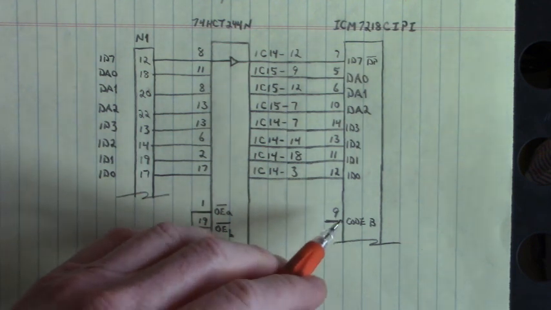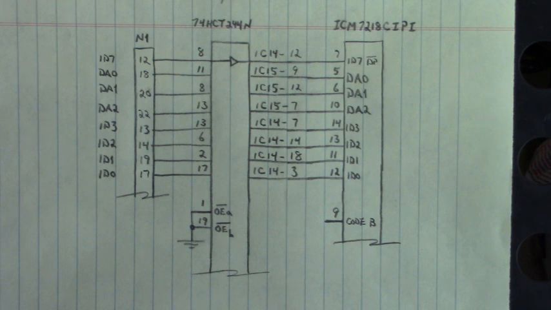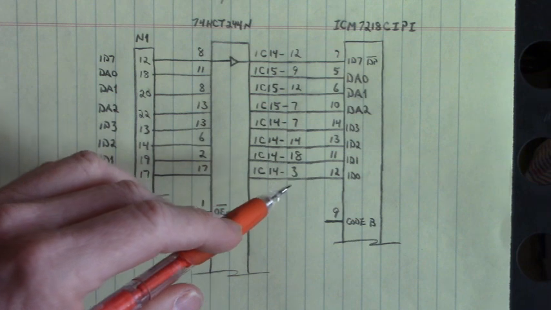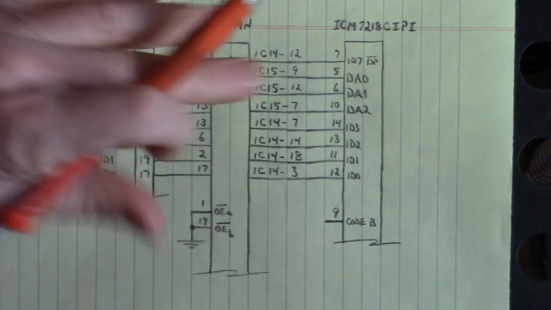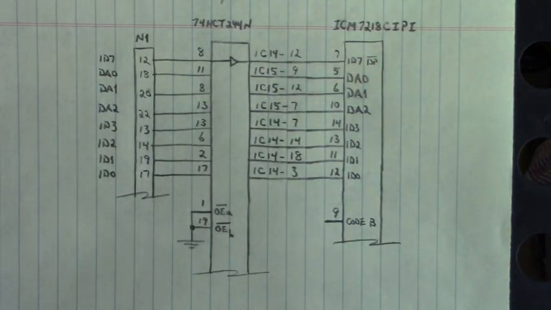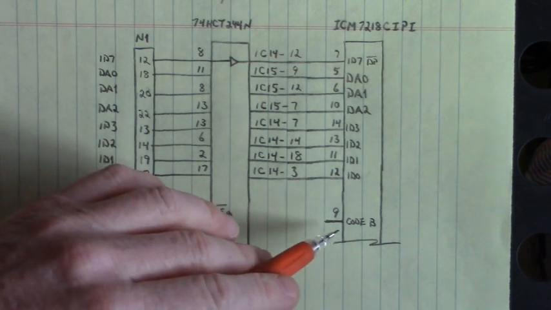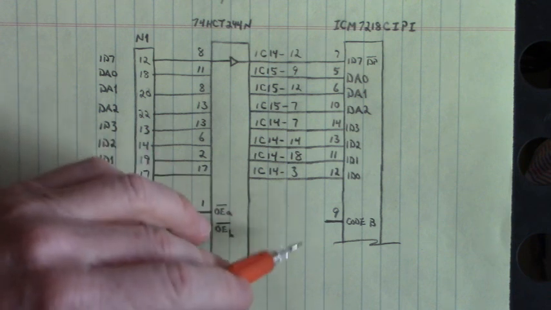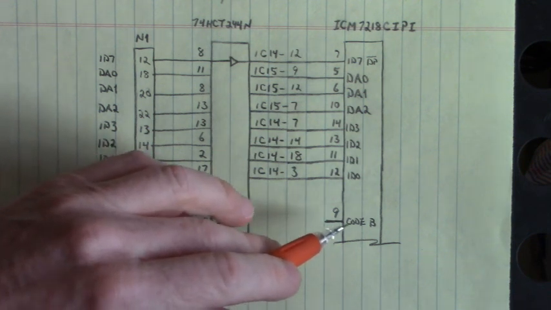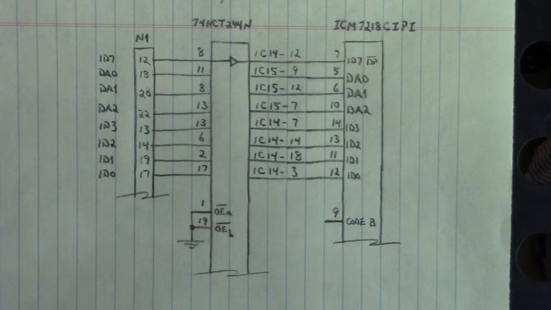Now down here, pin 9, that has 3 functions. If pin 9 is tied high to 5 volts, then the data sent to those 7-segment displays is hexadecimal. If, as in our case, pin 9 is floating, not connected high or low, then we are in BCD mode, code B mode, binary coded decimal.